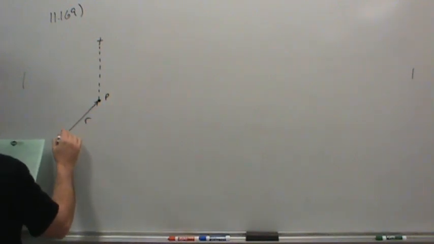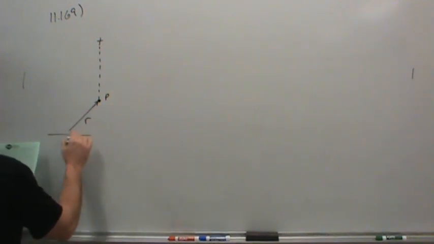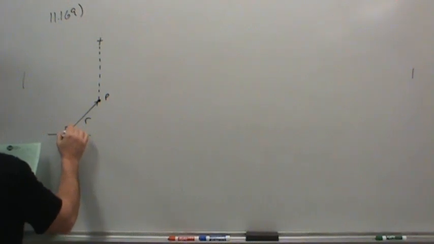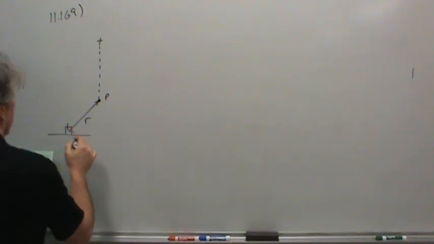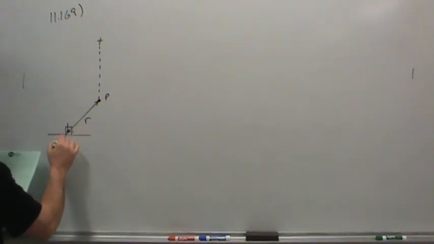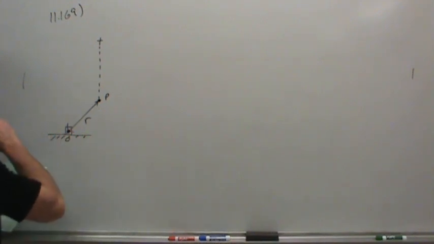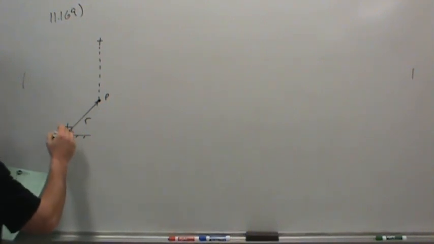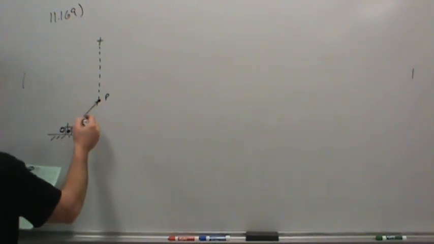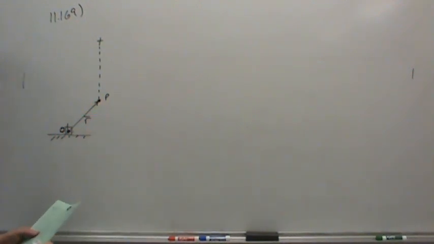The vector R from the station on the ground, let me just draw the station, a little building, I guess, with an antenna of some kind. The vector from O to the point P is the vector R that we're interested in.